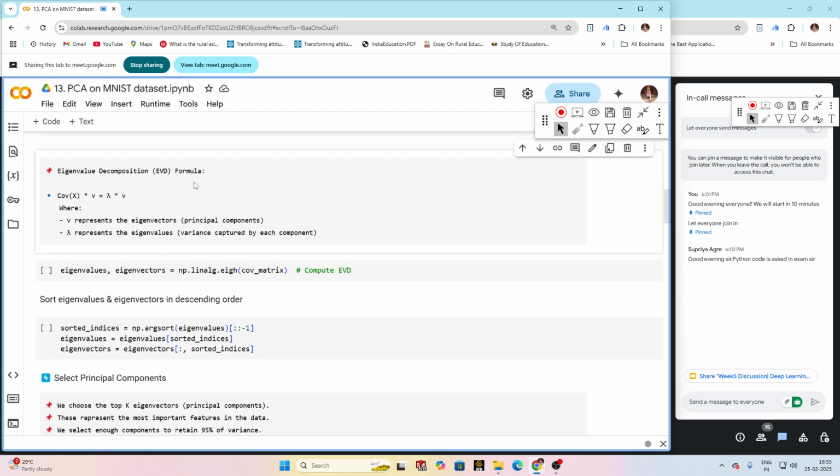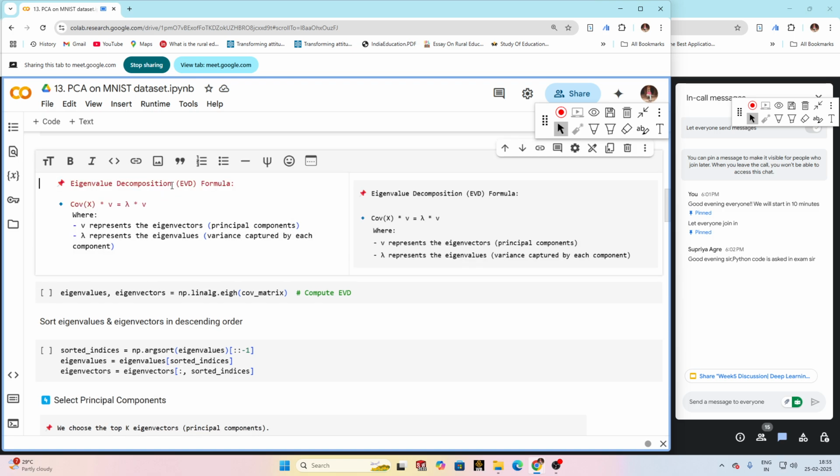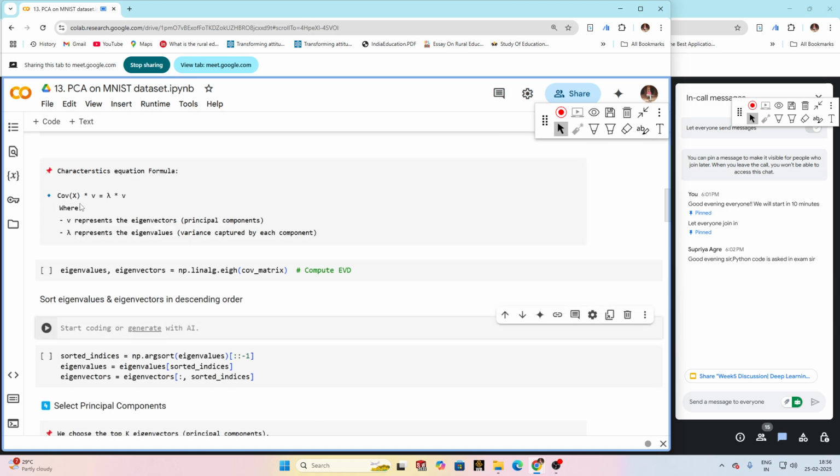So this is the formula to calculate the eigenvectors and eigenvalues. This is the characteristic equation: covariance matrix times v equals lambda times v. We have discussed how we can find the eigenvector and eigenvalue.